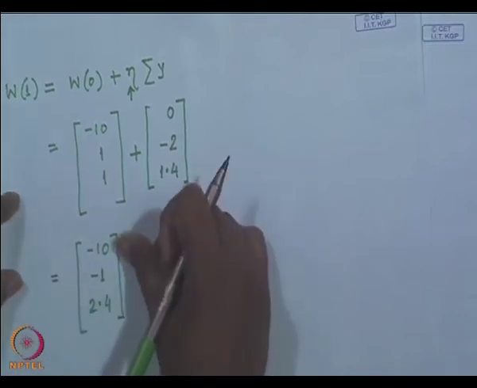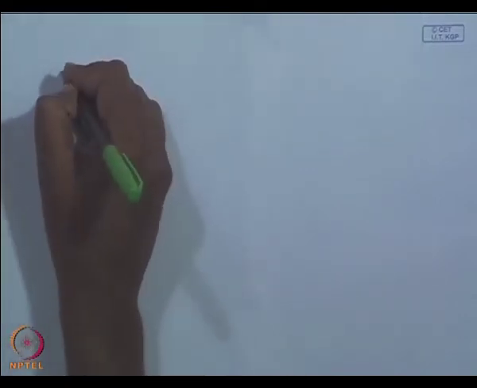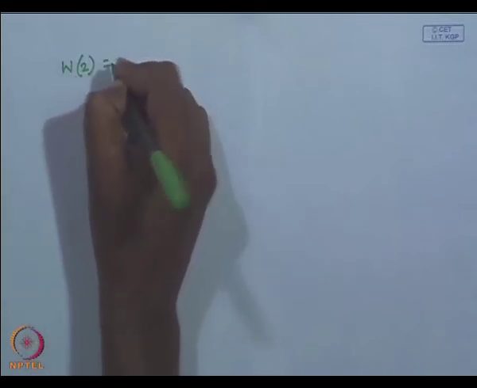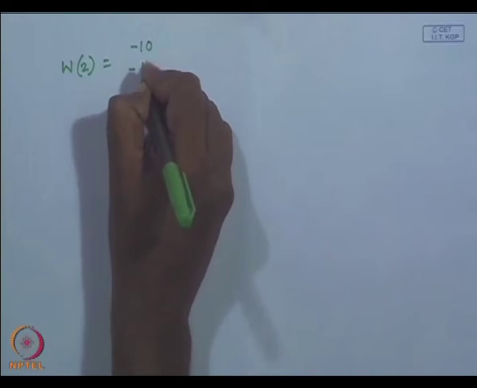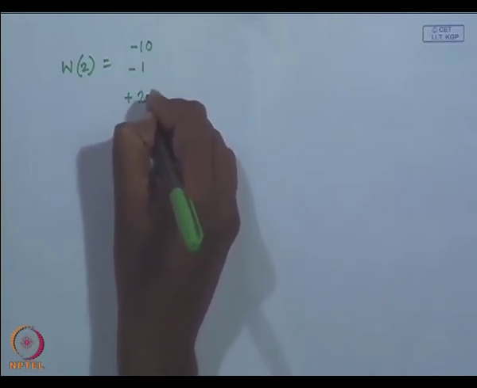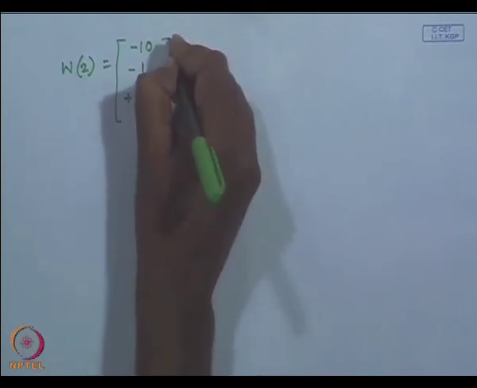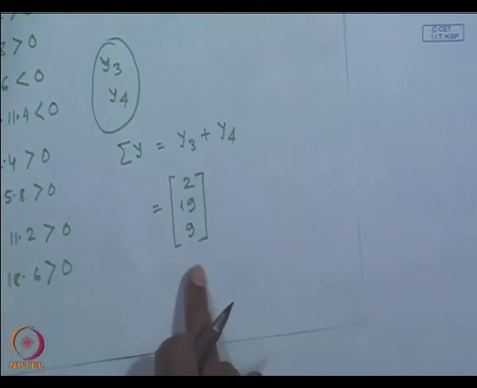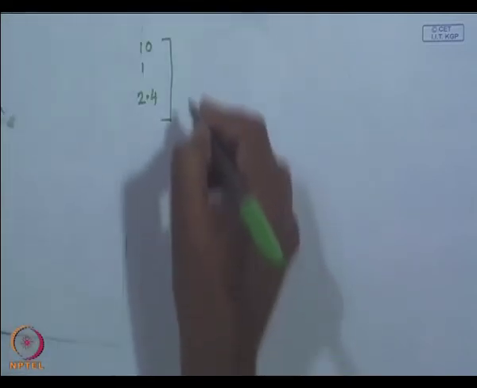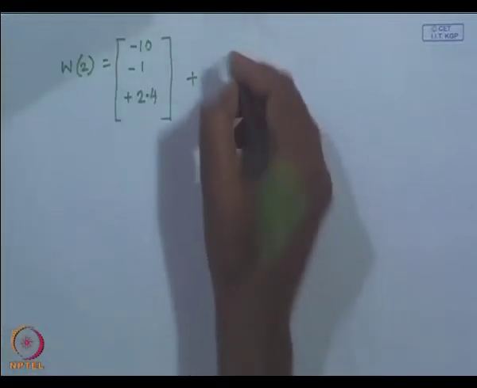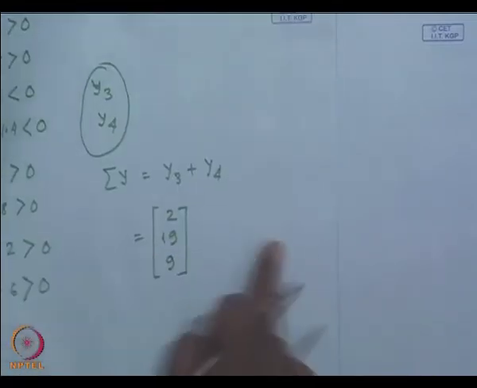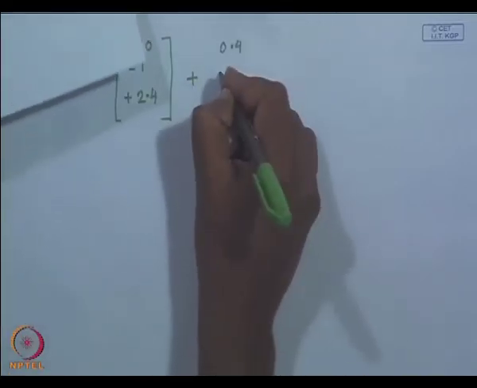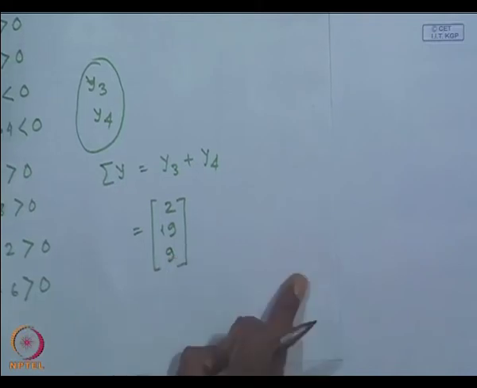So, I had W1, that is this, minus 10, minus 1, 2.4. So, from here I get W2, which will be equal to minus 10, minus 1, plus 2.4, plus eta times this, and as eta is equal to 0.2, I will just have plus 2 into 0.2, that is 0.4, 19 into 0.2, that is 3.8, 9 into 0.2, that is 1.8.